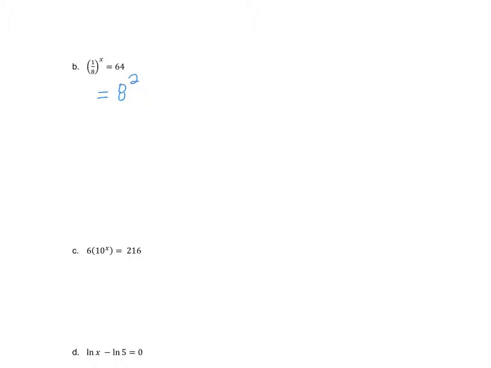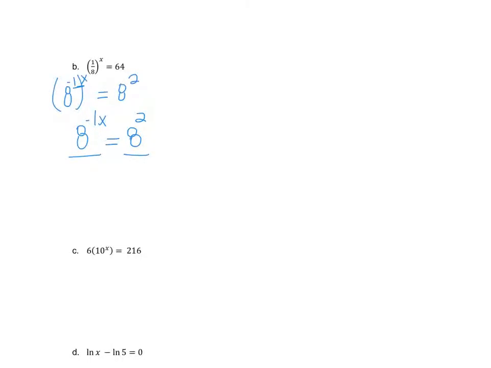Now, as far as 1/8 goes, all we have to do is move the 8 up and make it negative. And then combine, so 8 to the negative 1x equals 8 squared.